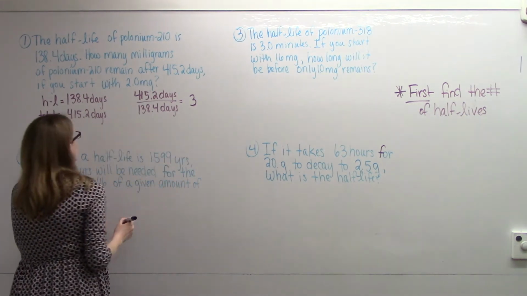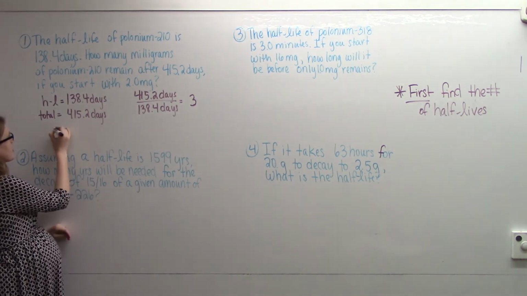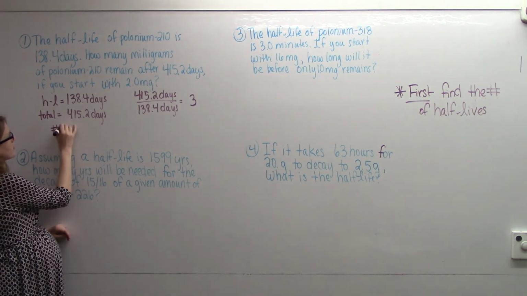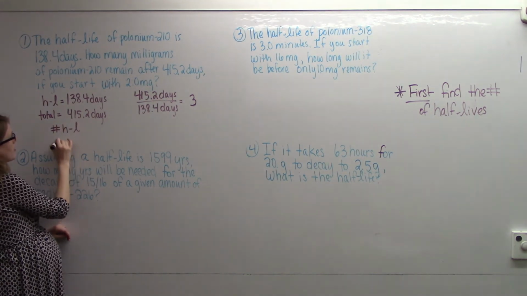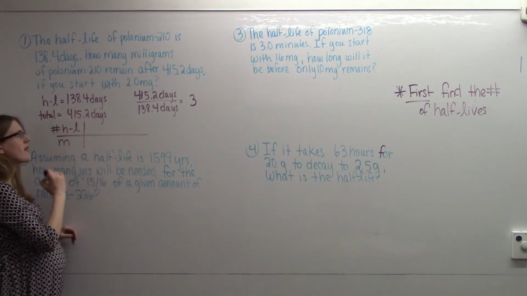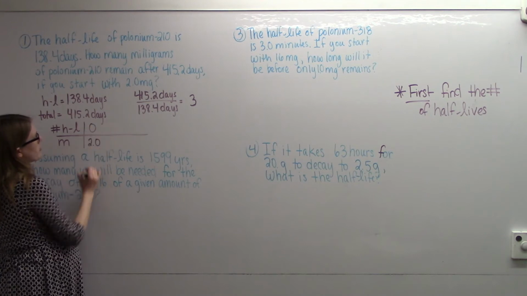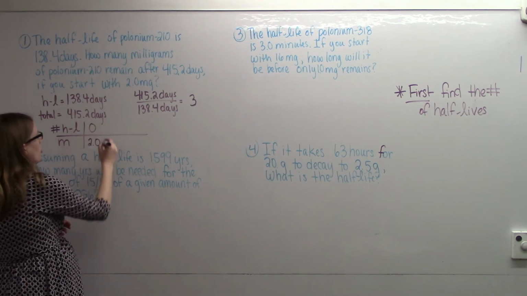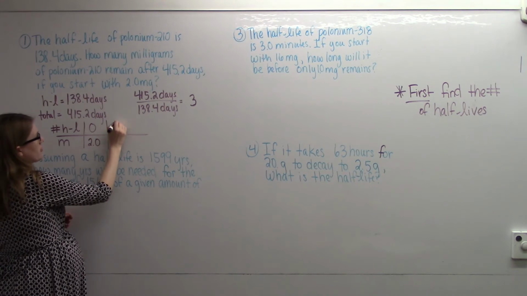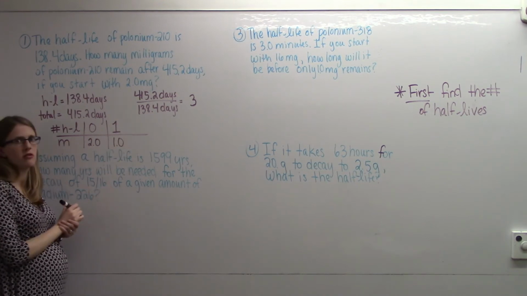So here's what I want you to do. I want you to kind of create a table, okay? On one side, we're going to say number of half-lives, and on the other, we're going to put the mass that remains. Okay, so we start with 2.0, and at that point, we've had no half-lives. We divide in half one time, now we have 1.0.